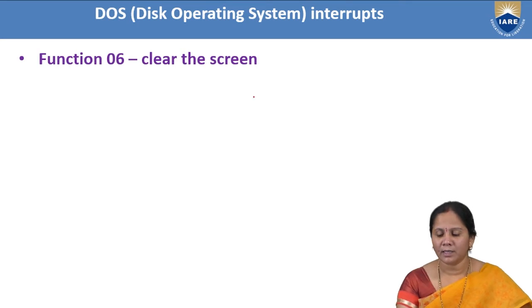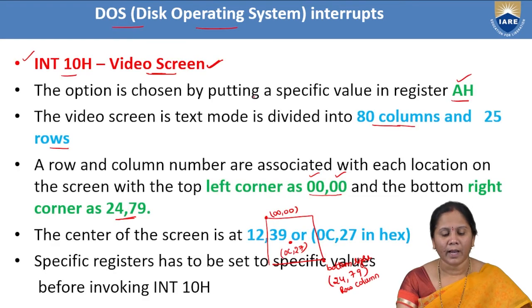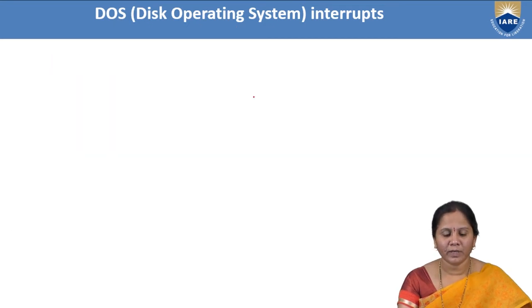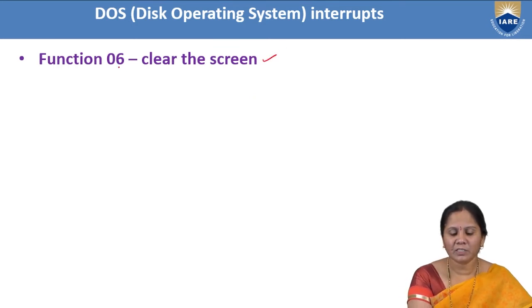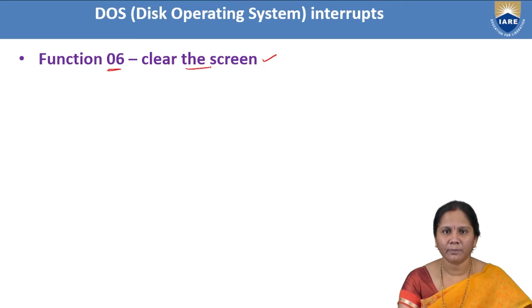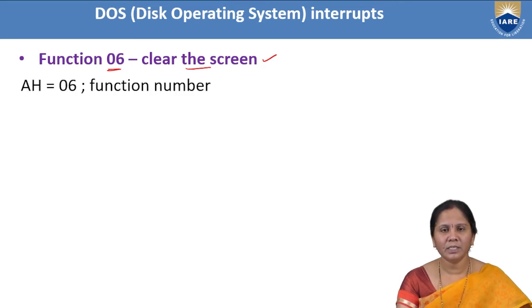This INT 10H interrupt performs different functions. For example, consider function 06, which is provided by INT 10H. The function performed is clearing the screen. Clearing the screen means you have to load specific values into the registers.